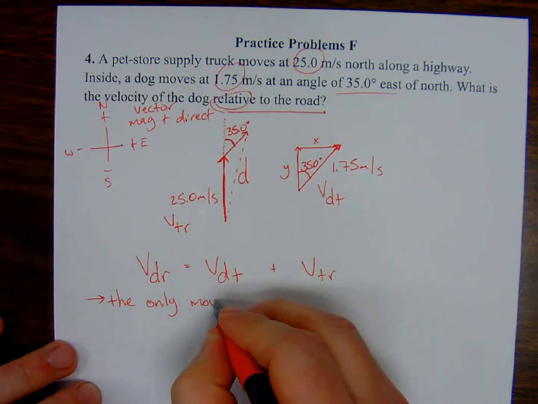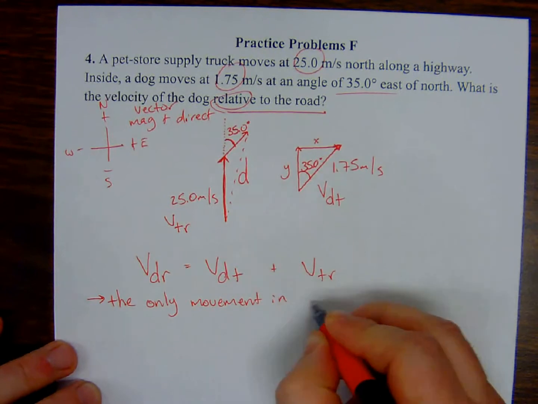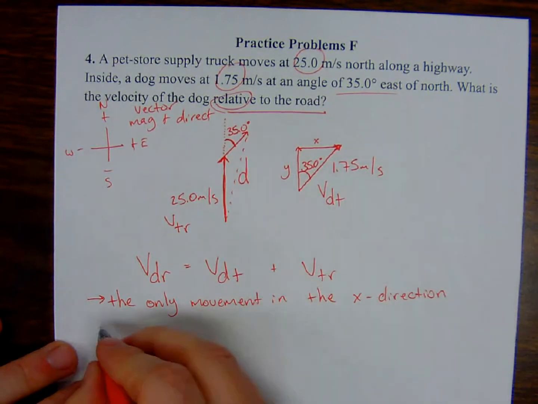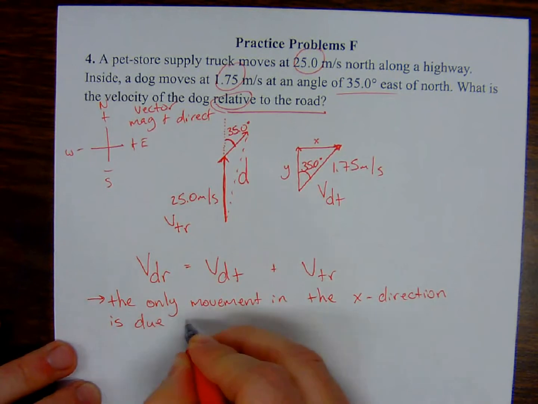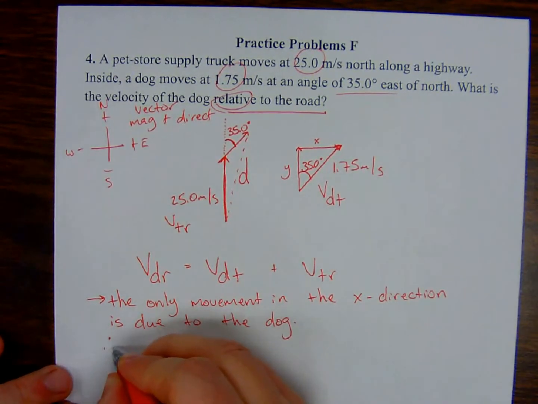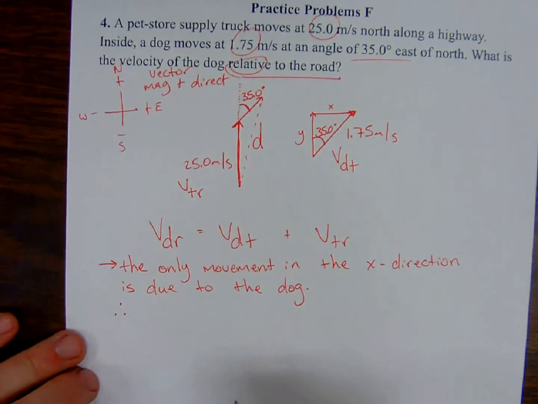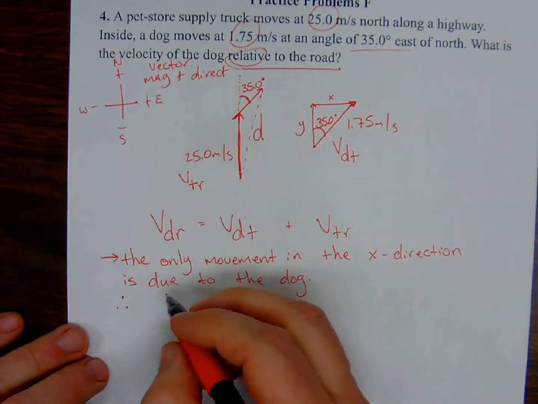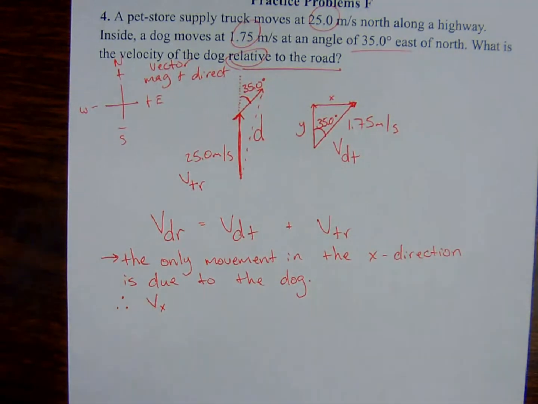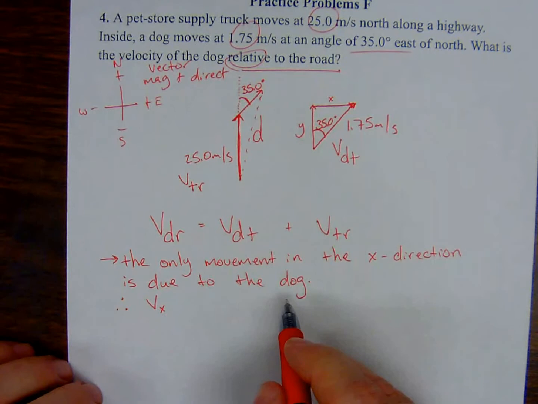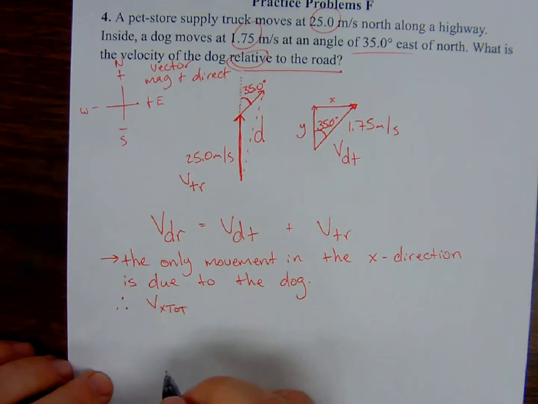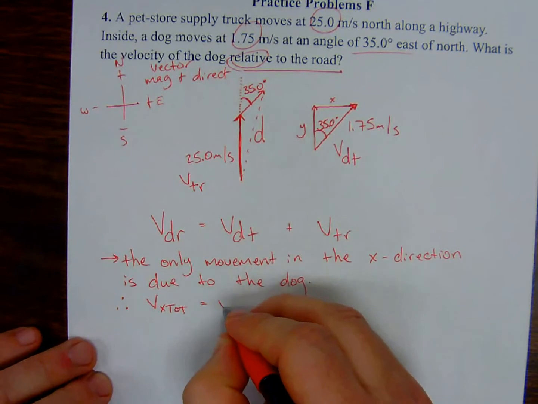Therefore, the total velocity in the x direction is only due to the velocity of the dog. So the x component of the velocity is equal to the velocity in the x direction of the dog with respect to the truck, because that's the only situation in which something is moving in the x direction. The truck itself is only moving in the y direction, so there's no x motion there.